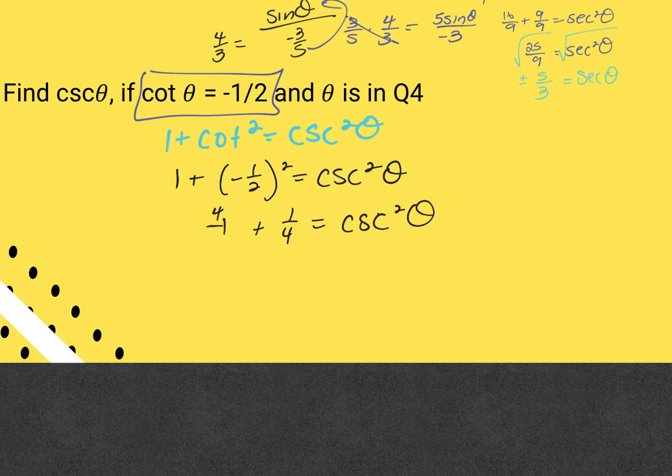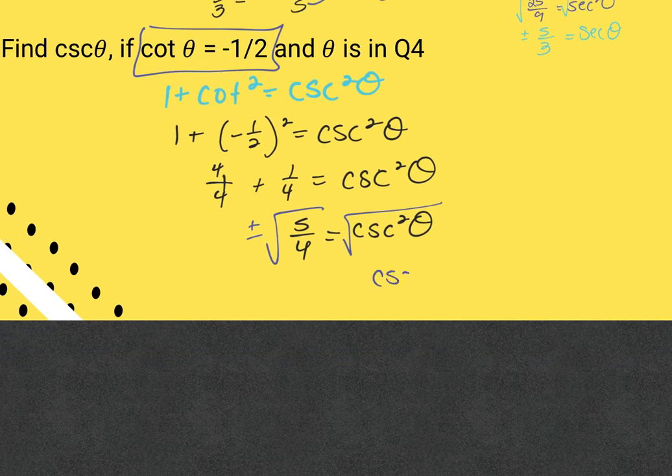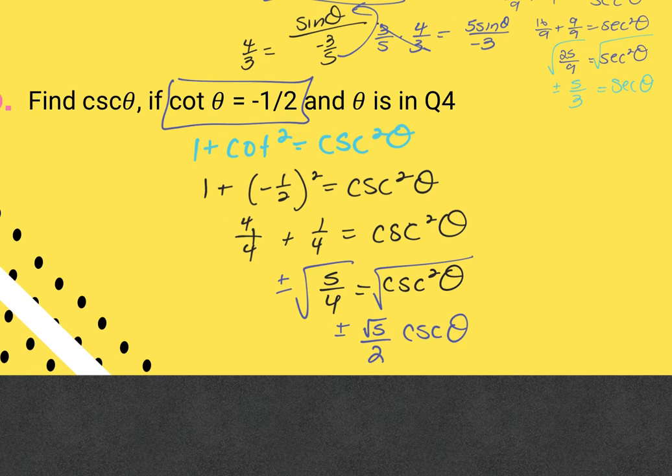This would be 4/4, so 5/4 equals cosecant squared. And then I would square root both sides. I don't know if it's plus or minus yet. So the cosecant would be plus or minus the square root of 5 over the square root of 4, which is 2. This time, that's all I need.